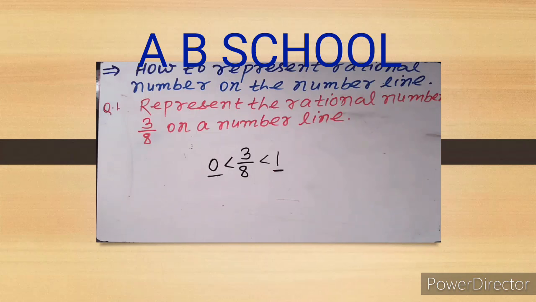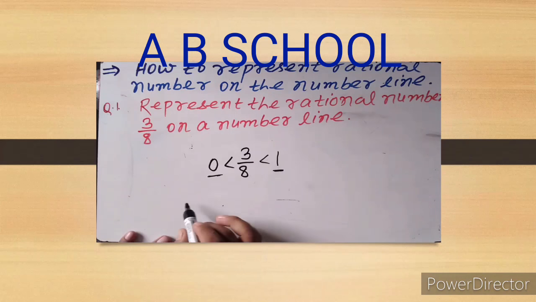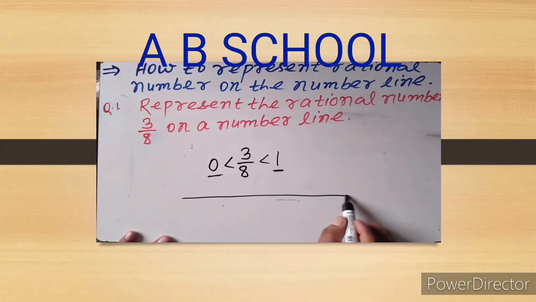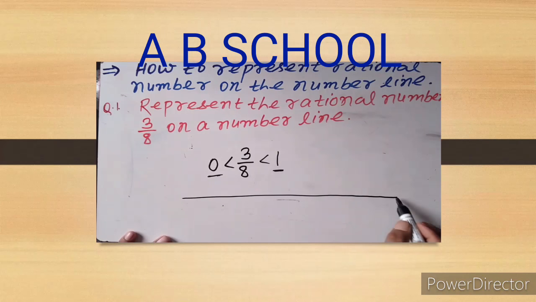And also remember, whenever the numerator is less than the denominator, you always represent the number between 0 and 1 when it is positive. And when it is negative, then you represent it between 0 and minus 1.